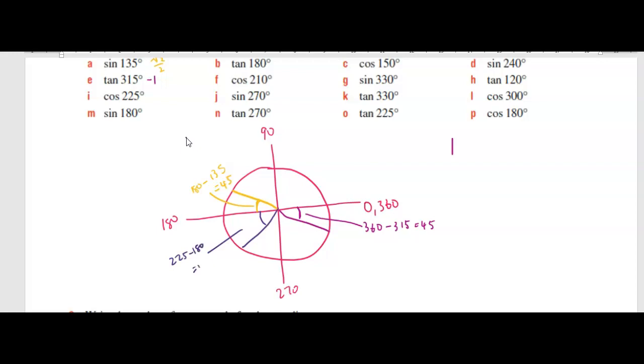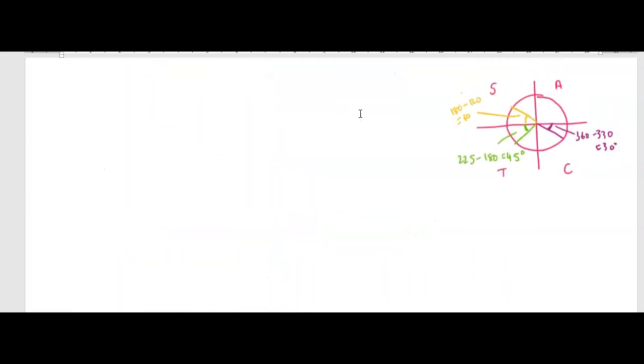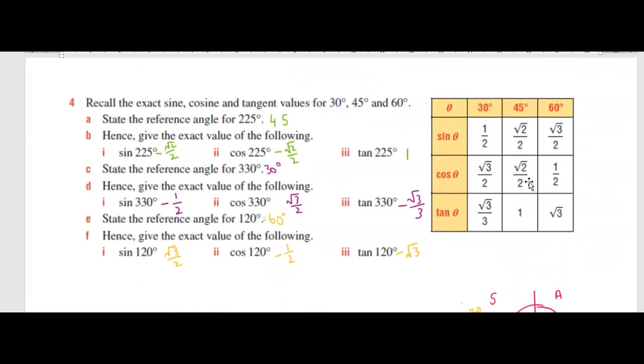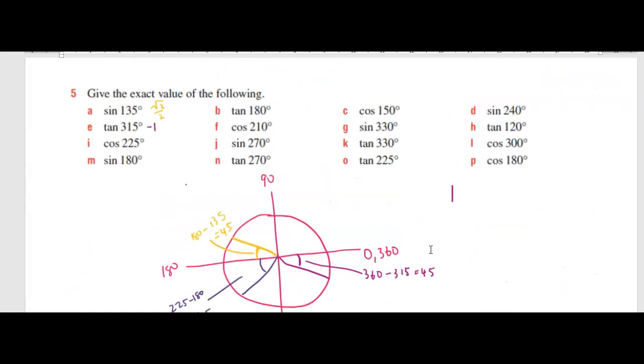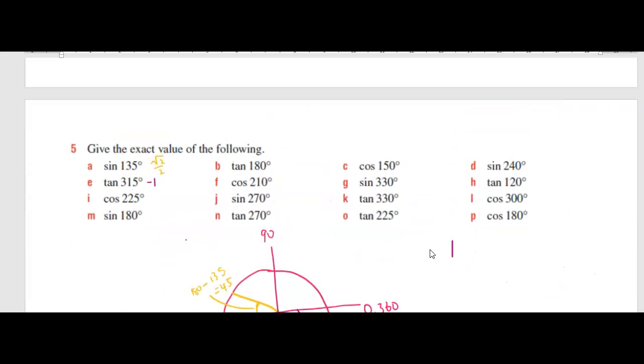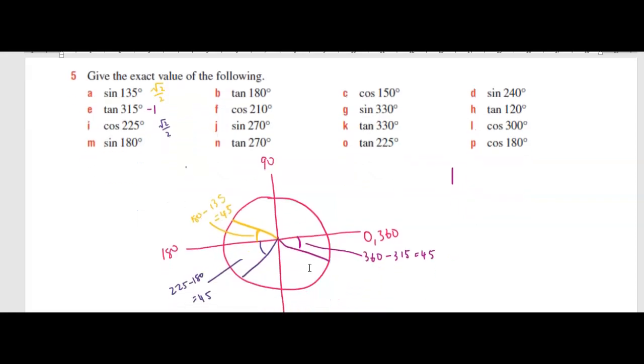It shouldn't always be 45. If I did some other questions, we would get 30 or 60. So let's go and find cos 45 on our table. So cos 45 is root 2 on 2. And cos is actually negative in the third quadrant, so it's going to be negative root 2 on 2.